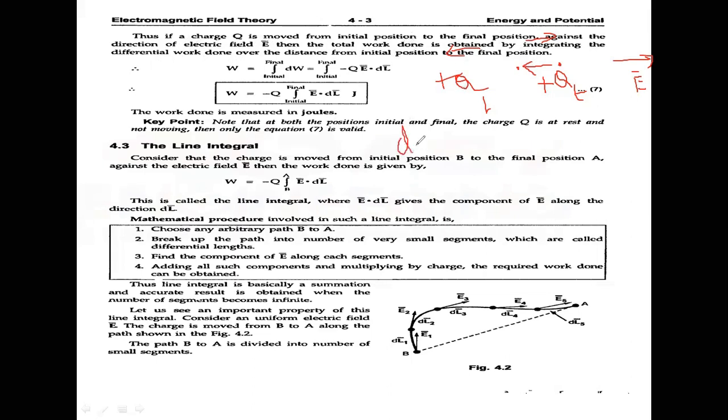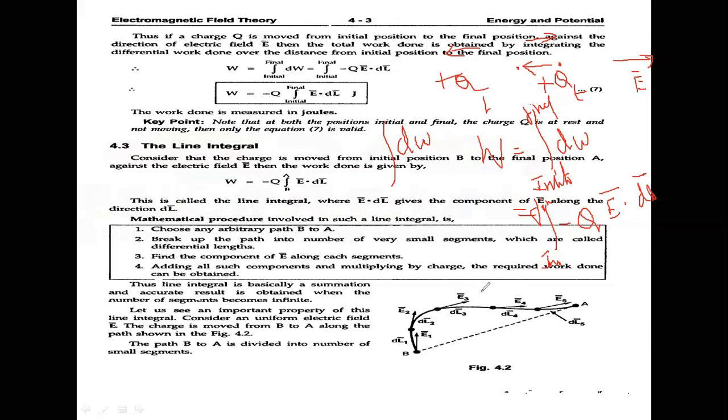See the dW, apply the integral here, you get W is equal to the integral from initial value to final value of dW. So what is the dW? dW is minus Q E bar dot dl.